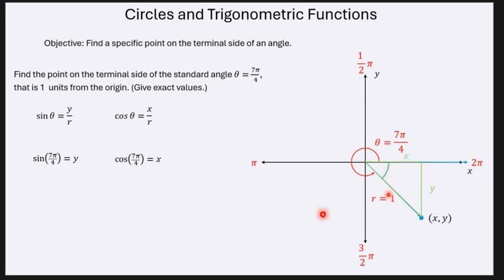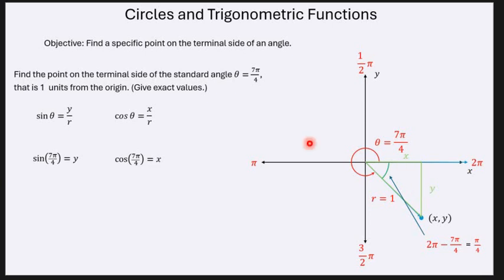So I'm going to take 2 pi, a full revolution, and subtract away the 7 pi over 4, which is the given angle. I get pi over 4, which is a 45-degree angle. So that green angle is 45 degrees, which means this is an isosceles triangle. x and y are the same value.